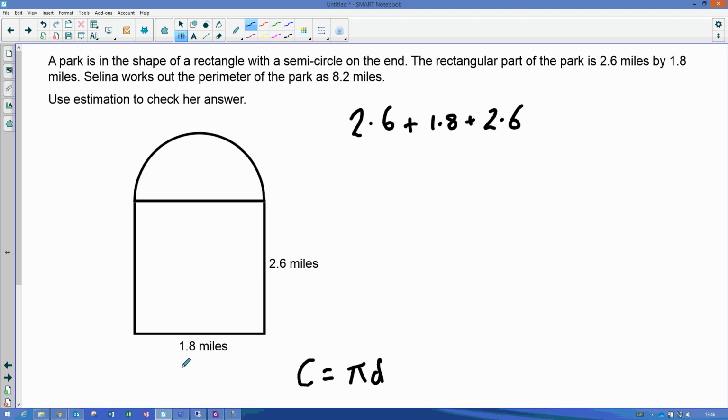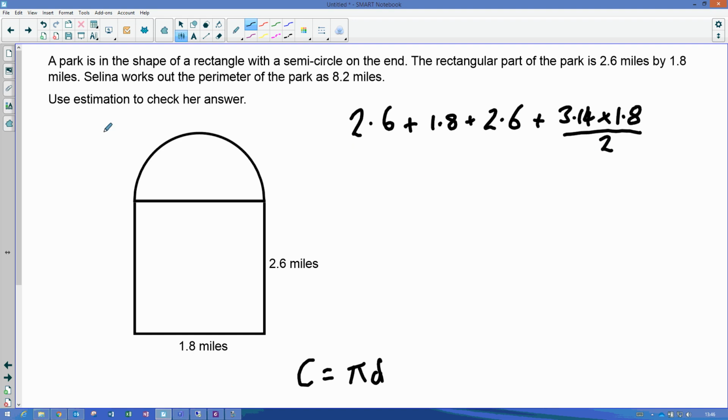I'm using diameter here because this distance must be the same as this distance, so that's a diameter there that I know. So if I was doing the whole circle, I'd be adding on pi, put it down as 3.14 for now, times by the diameter 1.8. But I've only got half a circle, so I need to divide that in two.